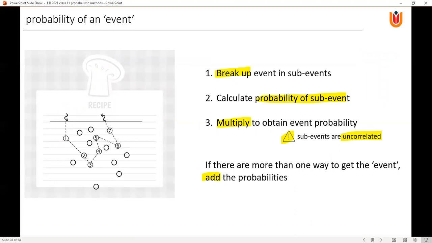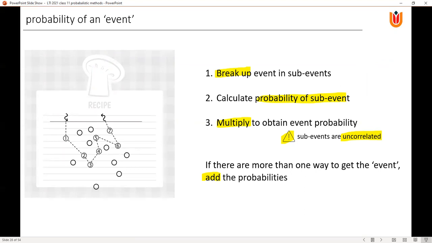So the recipe that was also in the Monte Carlo slides was to take the event, let's say a photon traveling from A to B with a number of scattering events, break it up into sub-events, calculate the likelihoods of these sub-events, and multiply these to obtain the probability of the event.